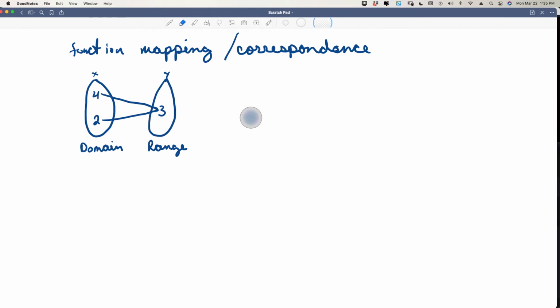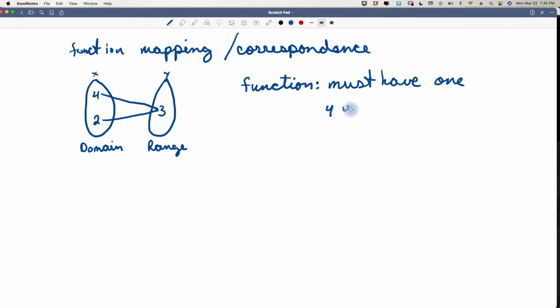That's all we're doing. So in this case, the definition of a function requires that, let me write it out for you. A function must have one y value for every x.